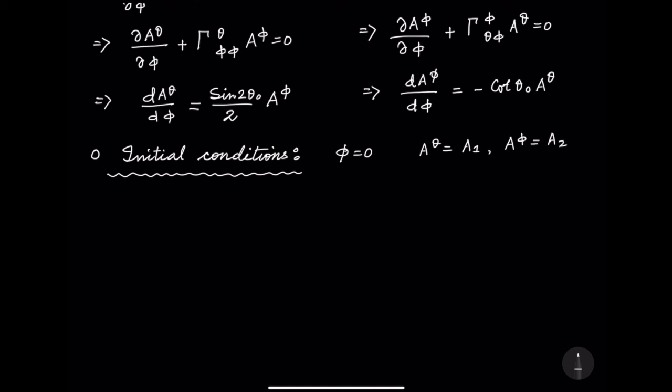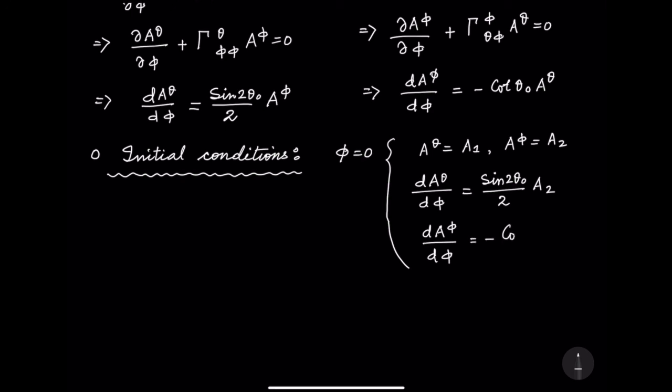Just using these differential equations, dA theta d phi at phi equals 0 is sine 2 theta 0 by 2 times a2, and dA phi d phi is minus cot theta 0 a1.